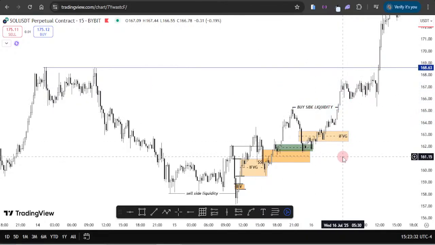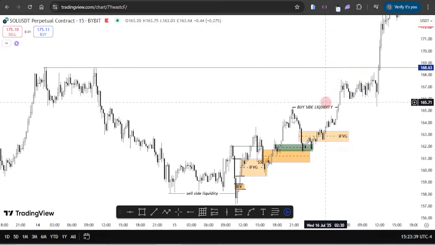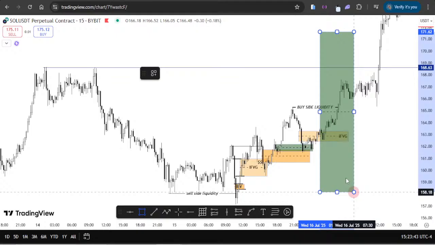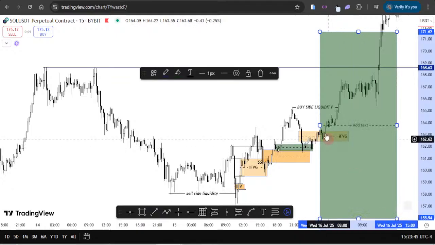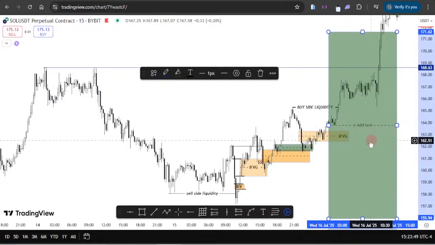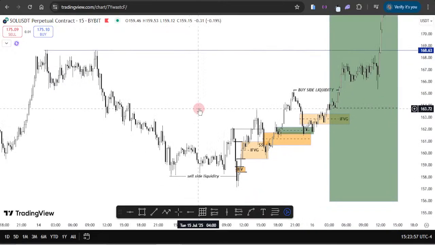Let us assume that we have not actually gotten to this point in price. Can I actually shade this? So we are assuming that this green portion has not yet happened. I want to show you what a relative equal high is.